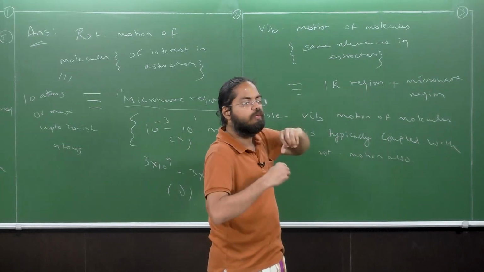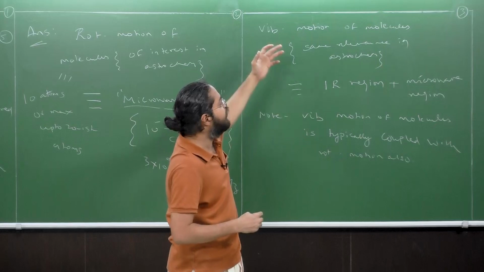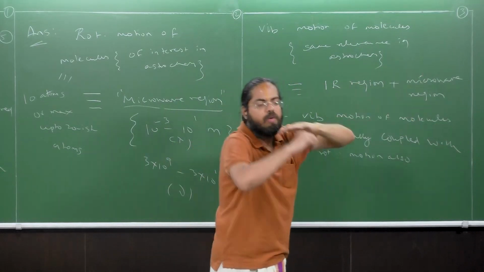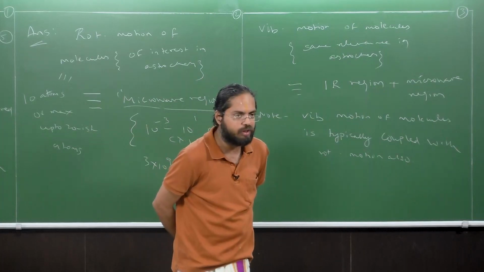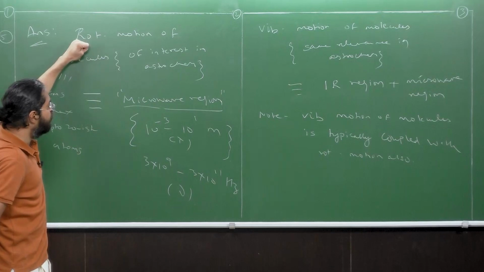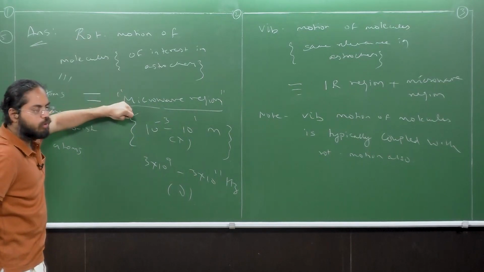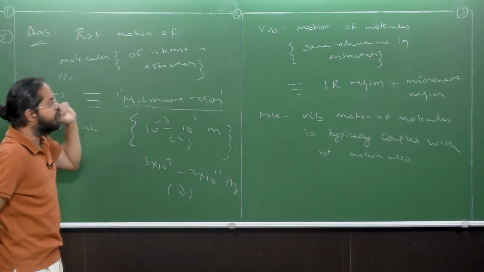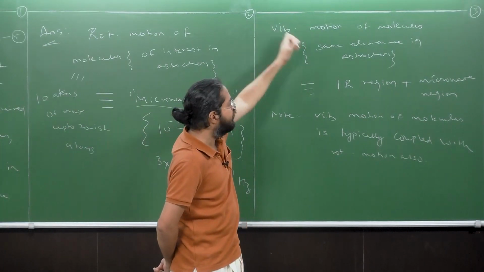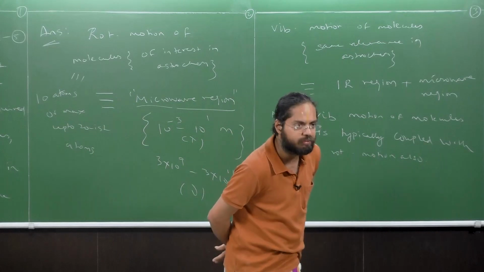Now, in general, molecular vibrations happen in the IR region, not just the region closest to the microwave region, but throughout the IR region. Are we good? That is why, while we understand rotational motion, we typically resort to what is called microwave spectroscopy. Similarly, when we want to understand the vibrational motion of molecules, we resort to what is called infrared spectroscopy.